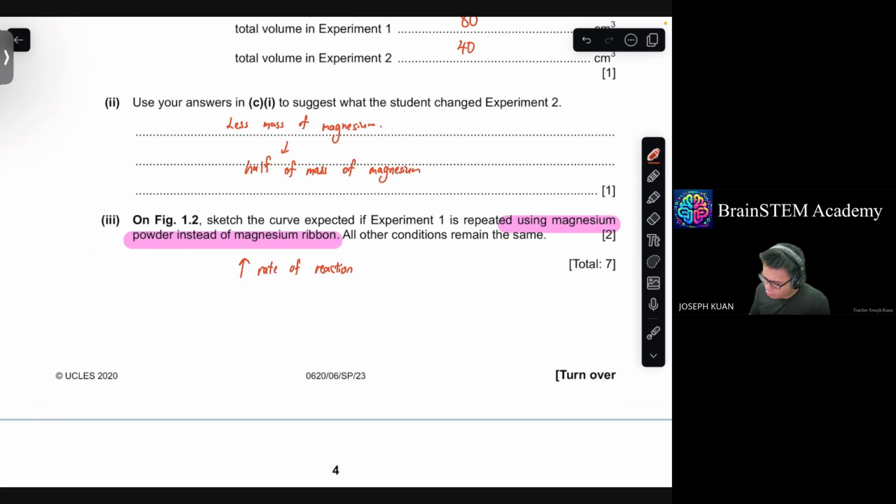But all other conditions remain the same. You're using the same mass of magnesium, which means that the total product formed remains constant, which means the same.